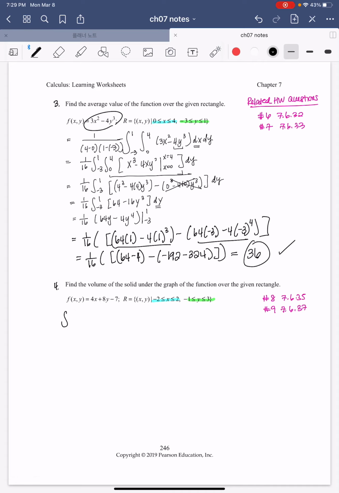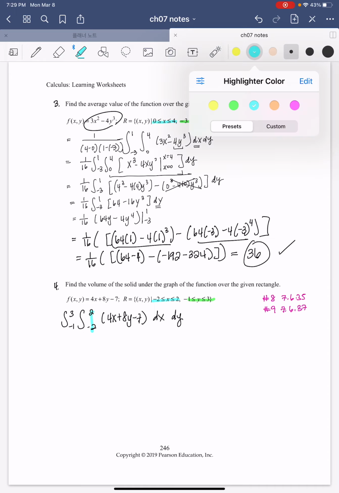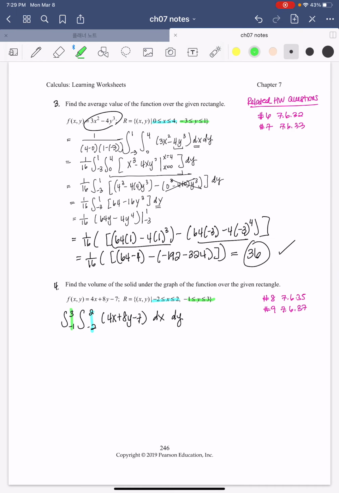So let's see, I'm going to do dx dy. You can switch around. And then you have 4x plus 8y minus 7 is your function. Now, because you use x term, you can see that I am integrating dx then dy. The outer part is my y.